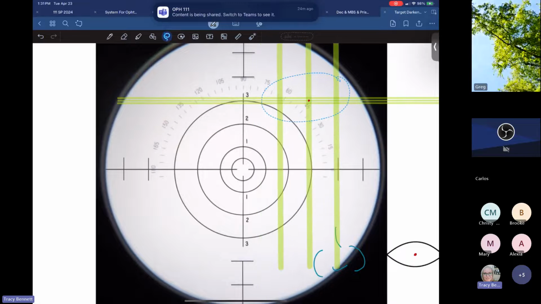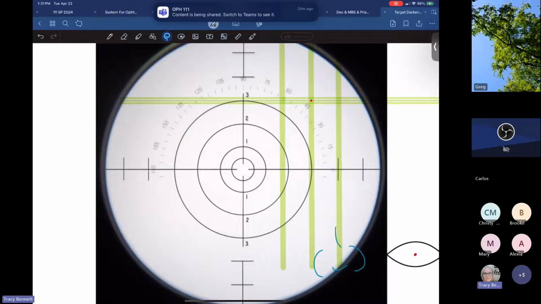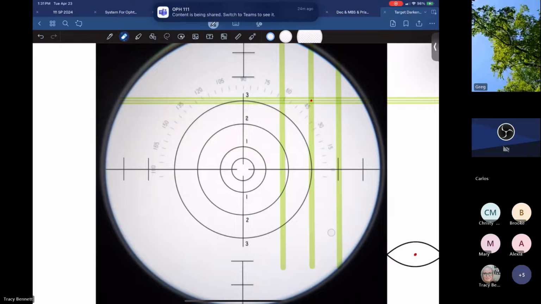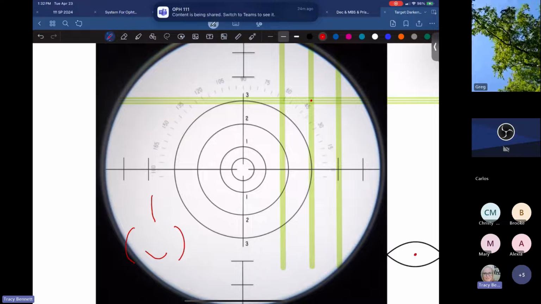What if it was here? And let's make it the left eye. So the nose is over here, the left eye. So you can just kind of look at it already and see the base direction.